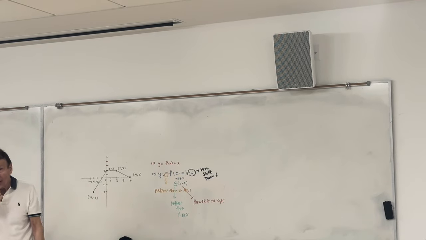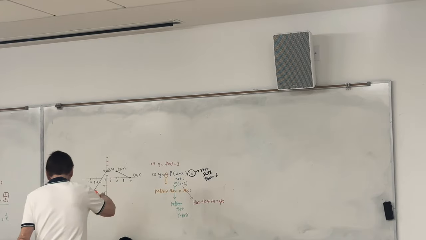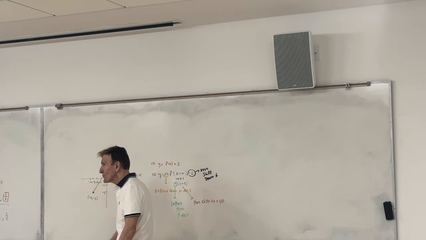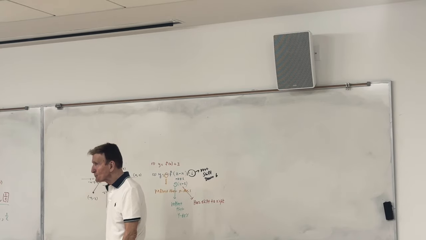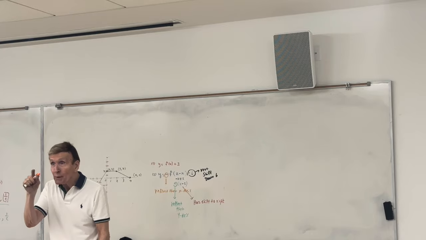Take that strange parent graph and reflect it through the x-axis. Can someone come up and be neat and show me what you think this parent graph would look like if I flip it over the x-axis? And label the points for me.